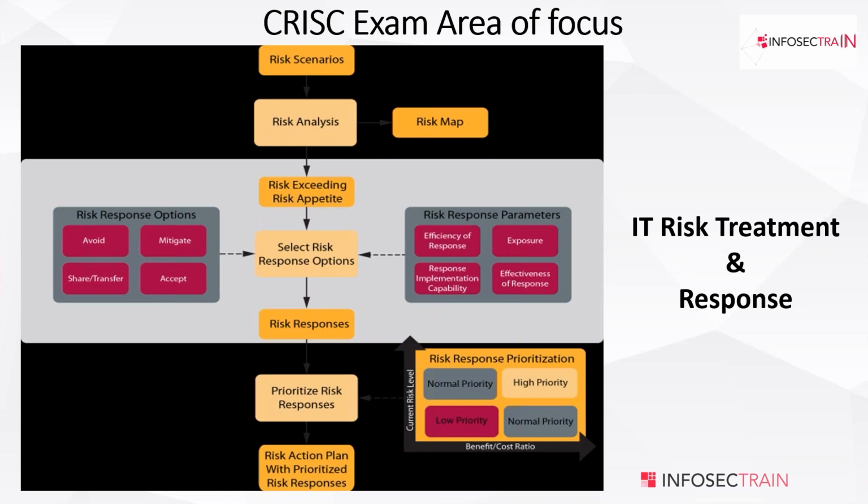And once we select the risk response, we have to prioritize that response. Mitigation is also there, but which control we need to go with first, based on its urgency, priority, our overall benefit and cost analysis, which will take front seat, which will take back seat, and so on. So this is nothing but a typical management function.